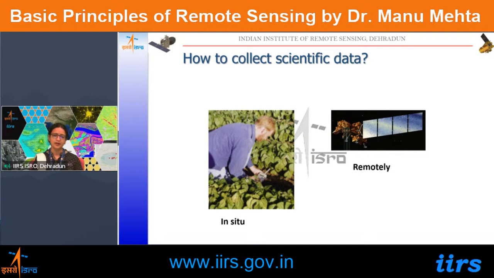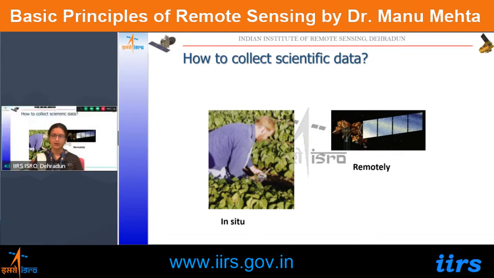So in order to have scientific information of any phenomena or any object, what options we have with us is, number one, either we go to the field, take the instrument, collect the information, and then do the analysis. That is called field measurements or in situ based observations.